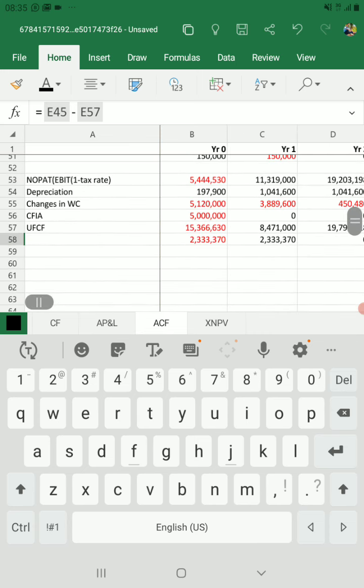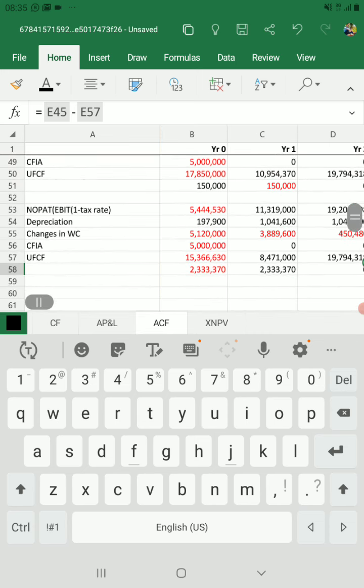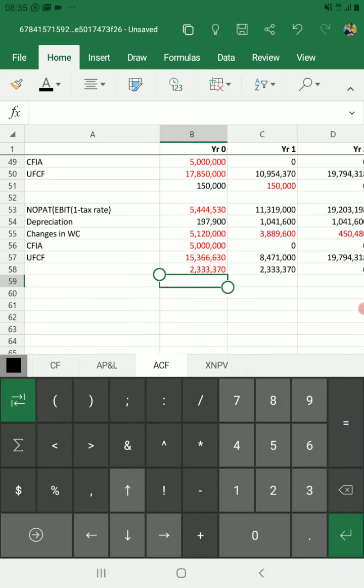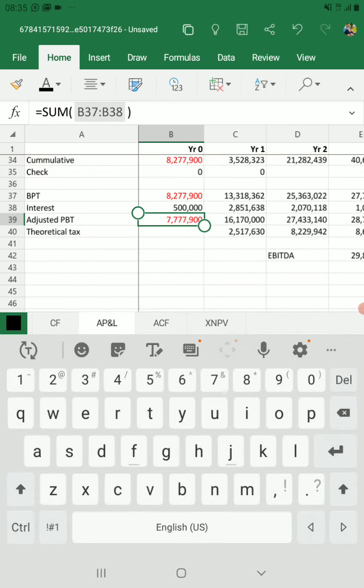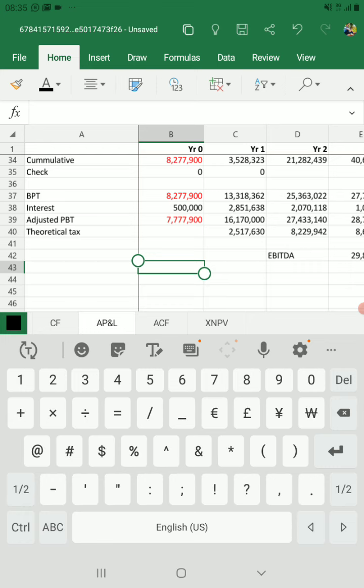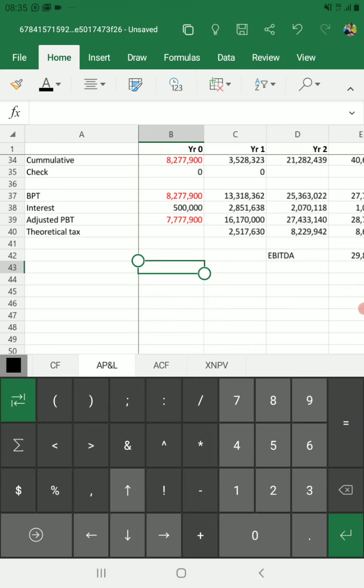Let us start with the NOPAT here. This difference, 2.3 million, is actually, if you go to the annual P&L sheet and take this adjusted earnings before interest and tax, that is profit before tax, add back interest, you get this figure.